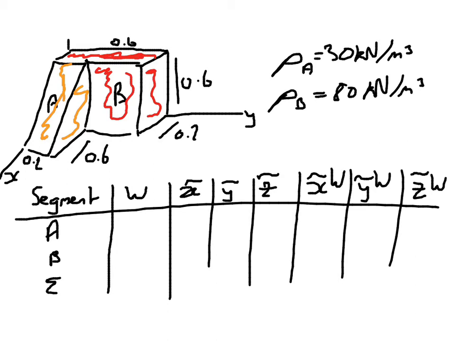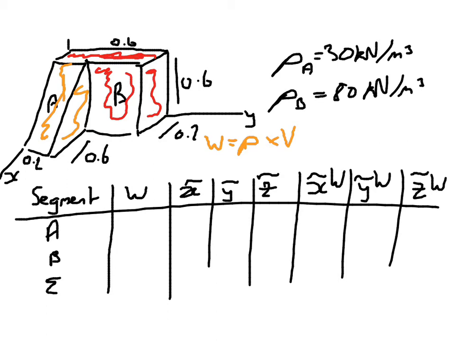And just to point out that your weight, for both of them, is going to be your density times your volume. But for your volume for A, you're going to need to factor in that it's a triangular prism, so you're going to need to put a half in there.